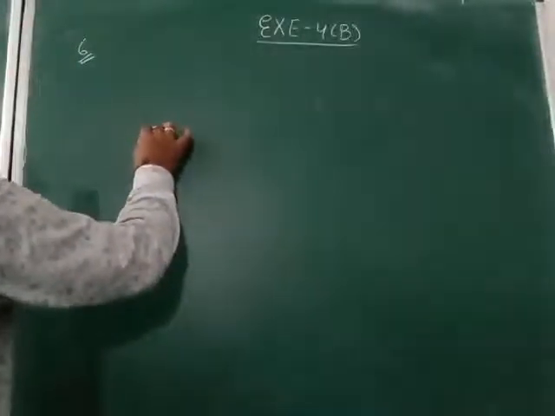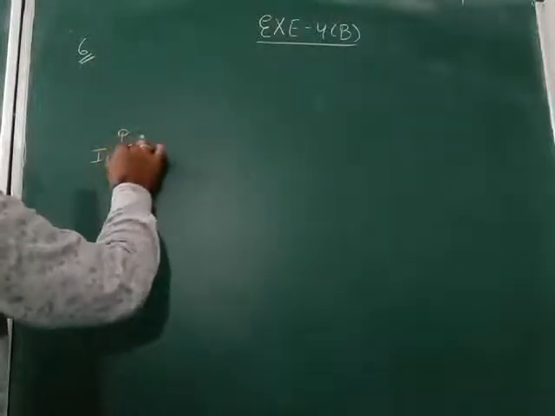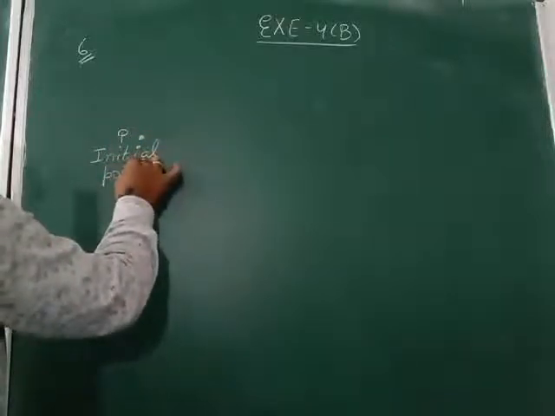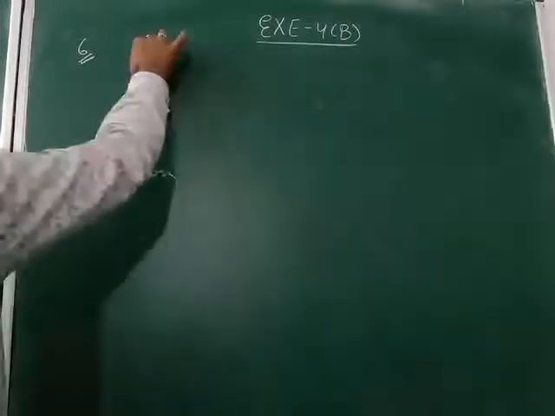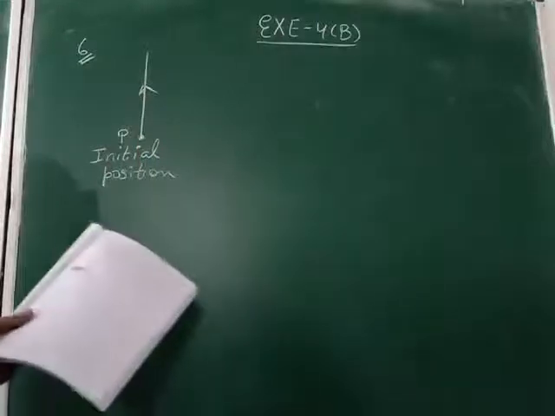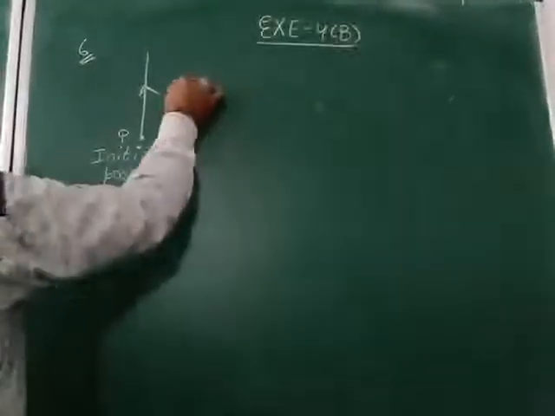This is the place P where Anshaj is standing. So this is the initial position of Anshaj. Initial means in the beginning he was standing here at this P point and he moved towards the north. Upside, north means upside, he moved 2 upon 5 km.